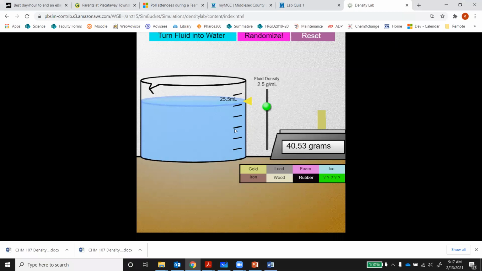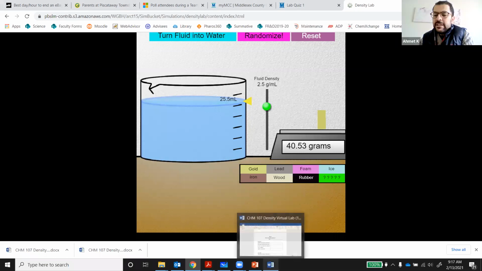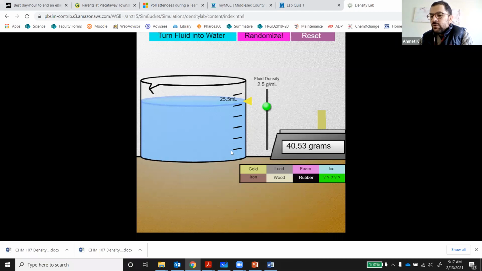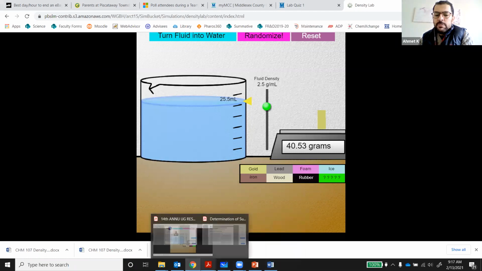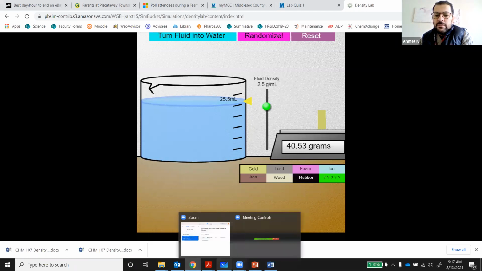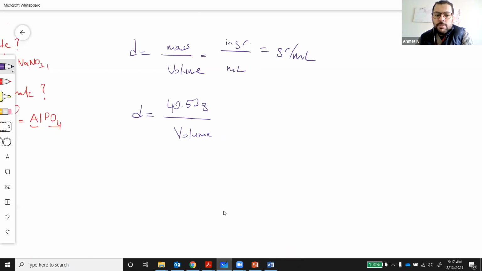25.5 milliliters. Timothy, you don't need to bring this down to any particular level. Let's try 25.5. So that's my initial volume. Let's write it down: V initial, 25.5.